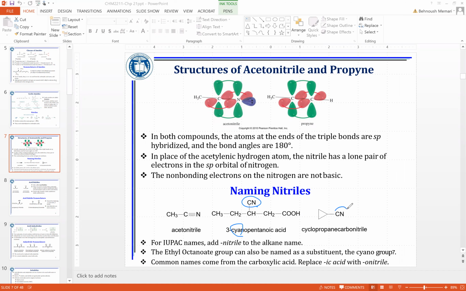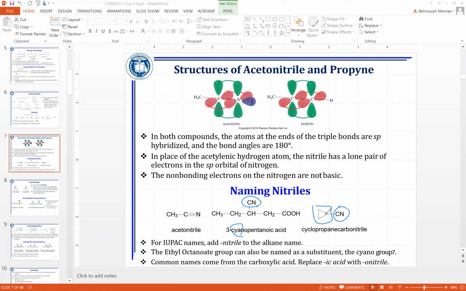And if the nitrile group is attached to a cyclic alkane, it is going to be cyclopropane carbonitrile, because if you say cyclopropane nitrile, that means you're not counting the carbon. So you're missing one carbon, and there is no cyclic nitrile. If you say cyclic nitrile, that means you're giving 5 bonds to the nitrogen.